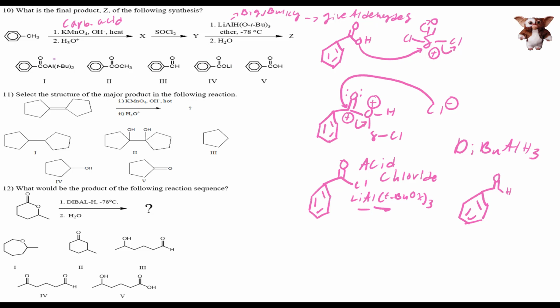So what is my answer choice? Well, this one doesn't make any sense because you're adding the aluminum to the oxygen, right? And you have too many oxygens, so bad. This one is a carboxylic acid. They just stopped at the first structure or reaction. Bad. This is okay right here. Wait, oh, I'm sorry.